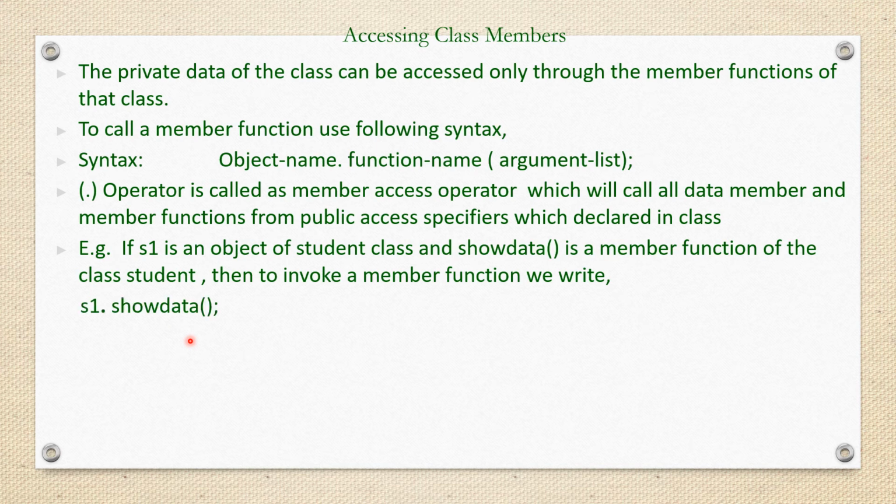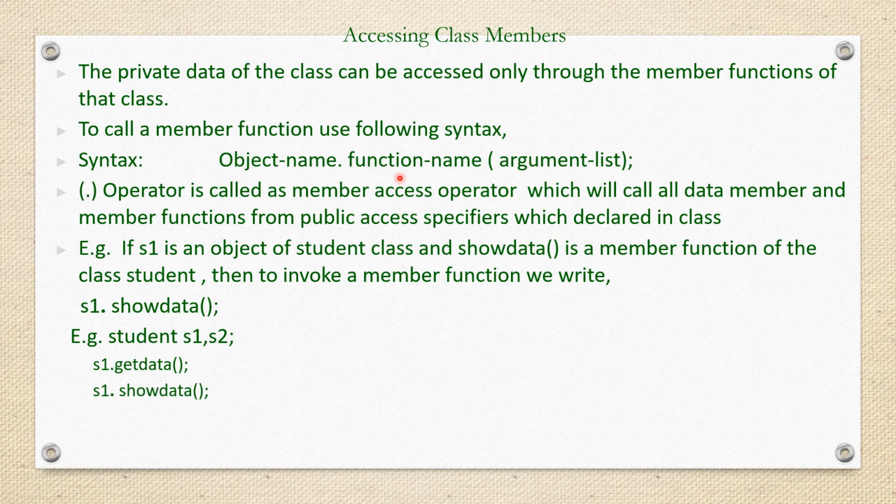Now next is accessing class members. How will we access the class member? To access the class member we have one syntax: object name, dot, function name, argument list. Right now we will see only the function name.